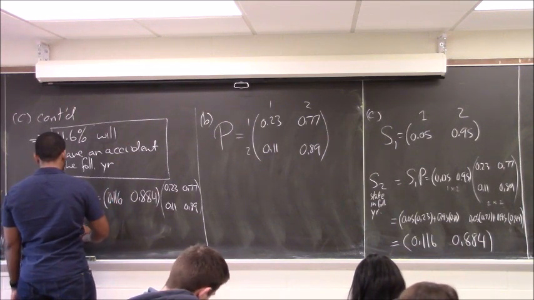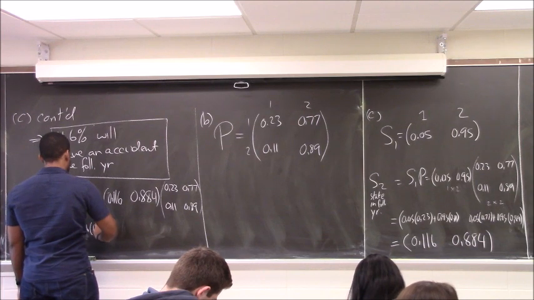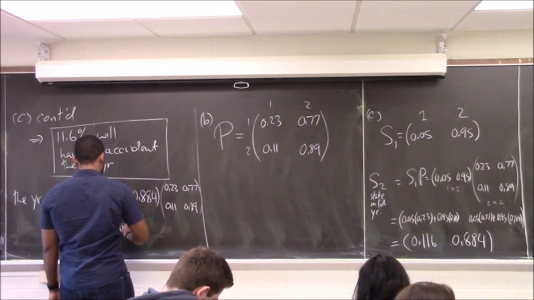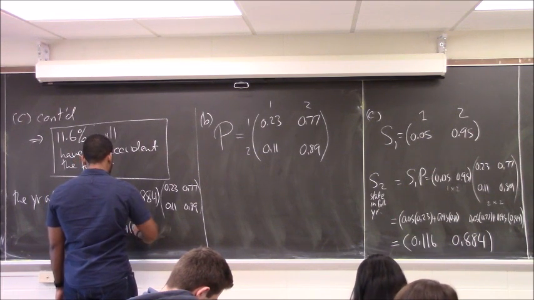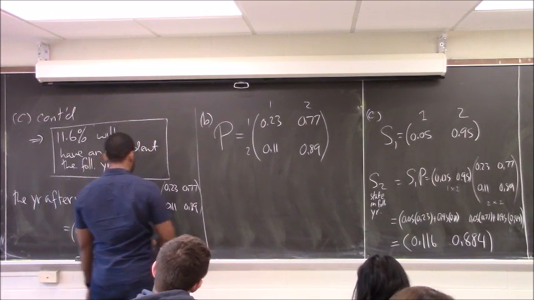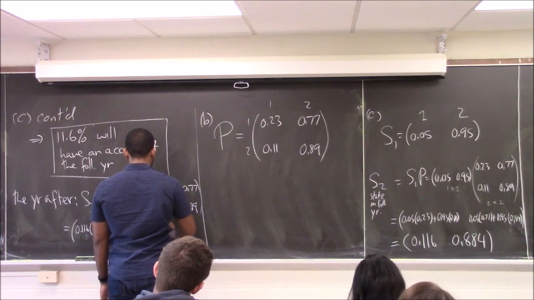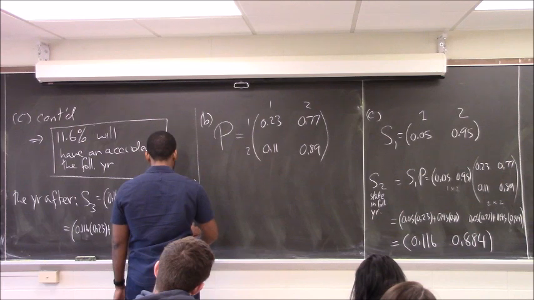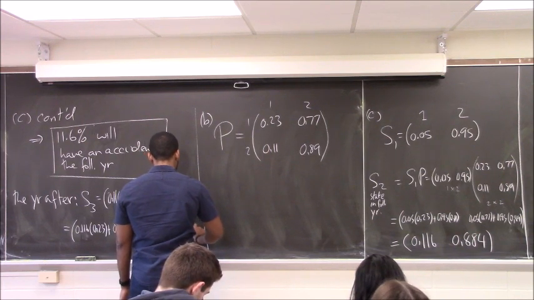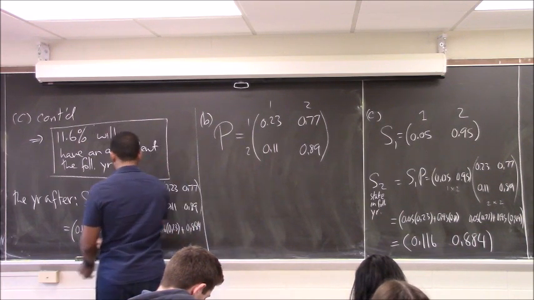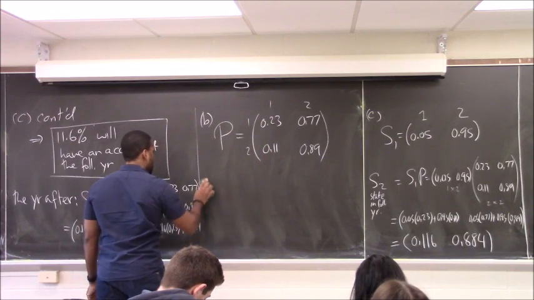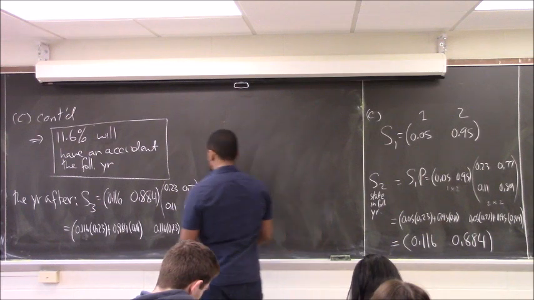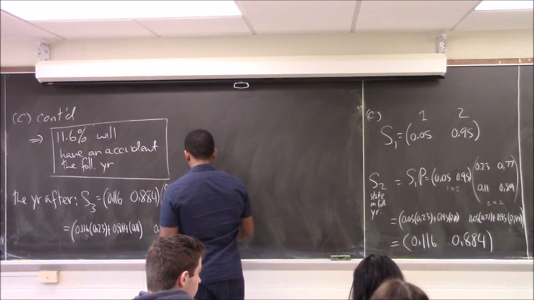We're going to have 0.116 times 0.23, plus 0.884 times 0.11, and 0.116 times 0.23, plus 0.884 times 0.89.